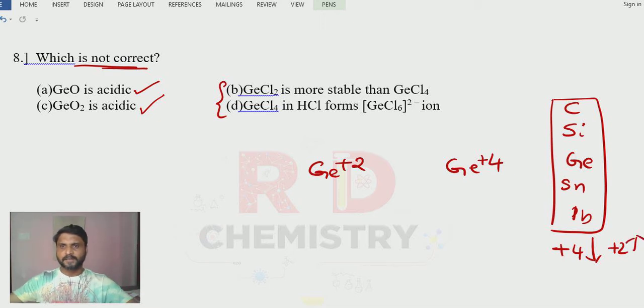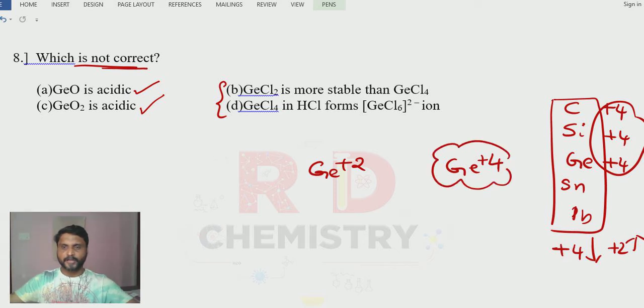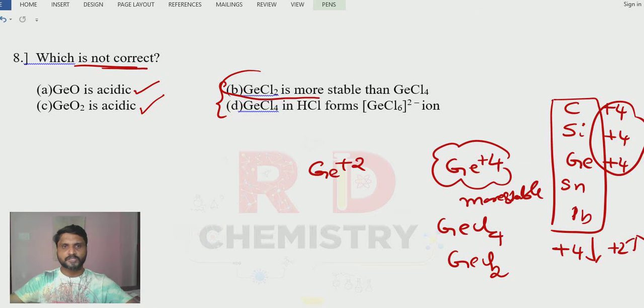But carbon plus 4, silicon plus 4, germanium plus 4 states are more predominant. That means germanium plus 4 is more stable. Therefore, germanium tetrachloride should be more stable than germanium dichloride. So the second is a wrong statement.